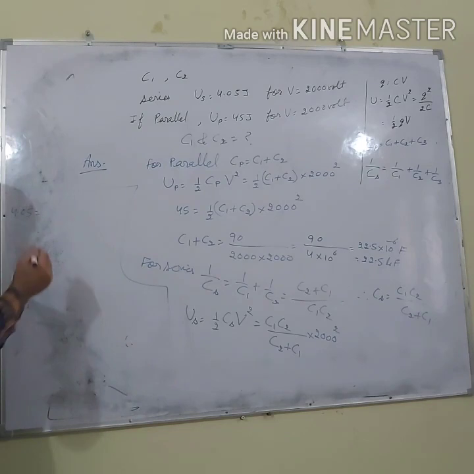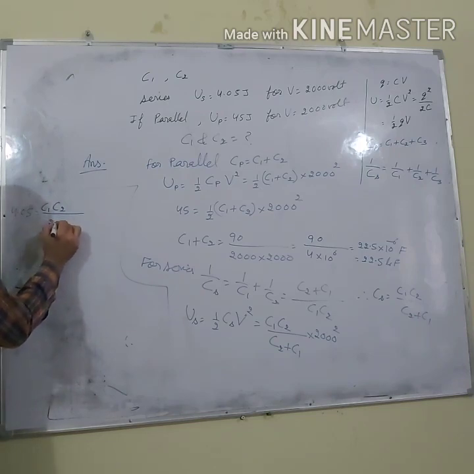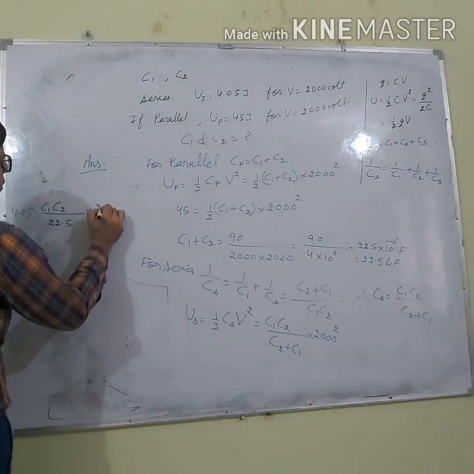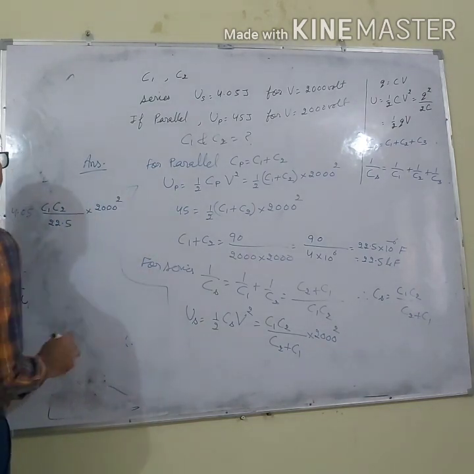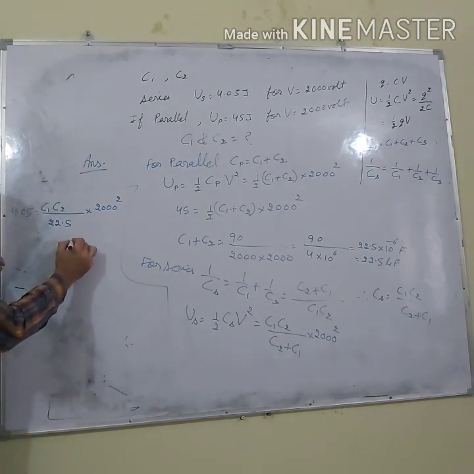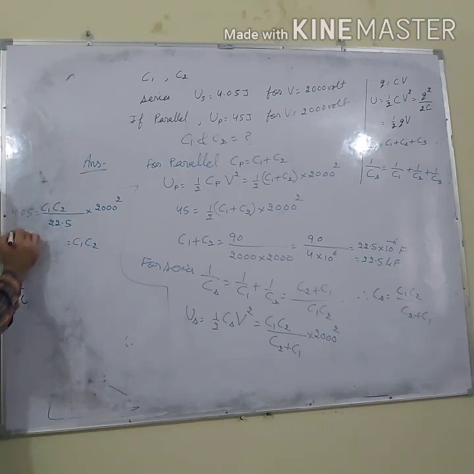It equals C1 C2 over C1 plus C2, which is 22.5, multiplied by 2000 square. So here C1 C2 can be written as 4.05 multiplied by 22.5 divided by 2000 square.